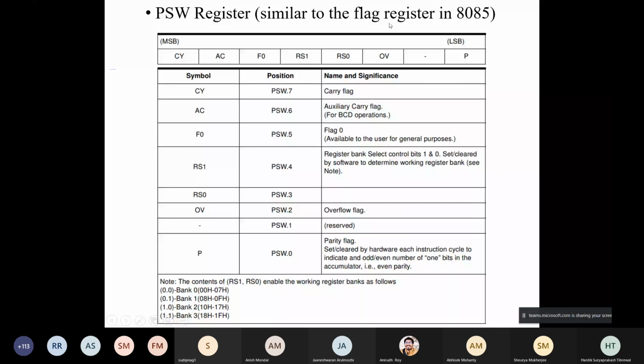So PSW, as I said, is a bit addressable register. That means all bits are separately addressable. And you can see the 8-bit configuration at the top, MS bit on the left and LS bit on the right, most significant bit and least significant bit.